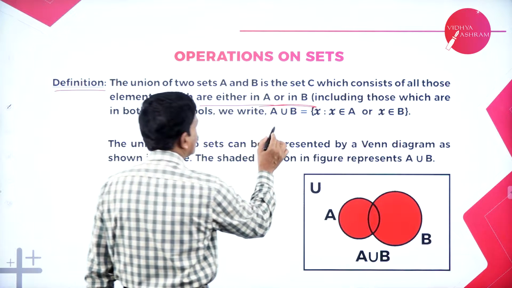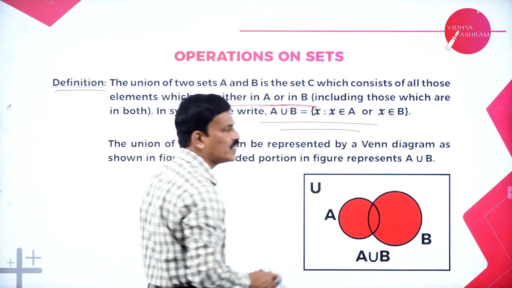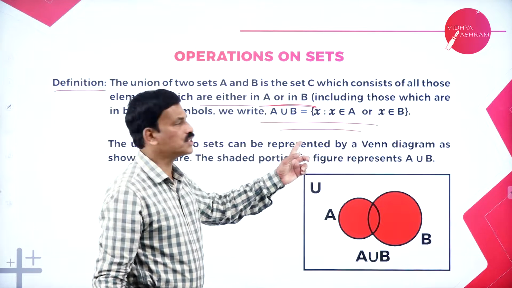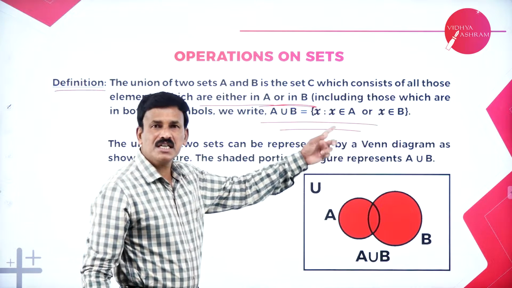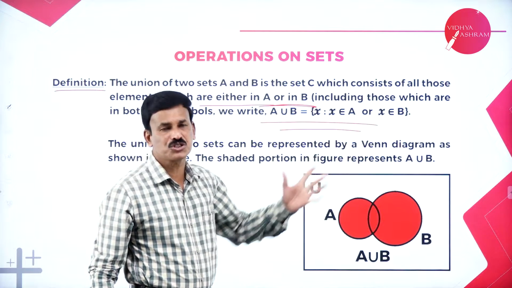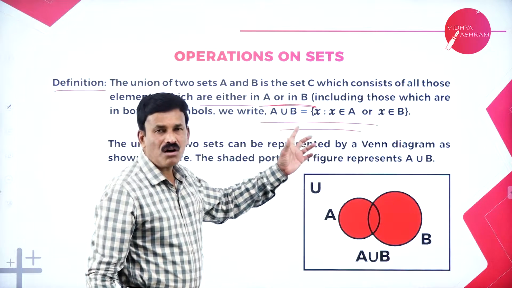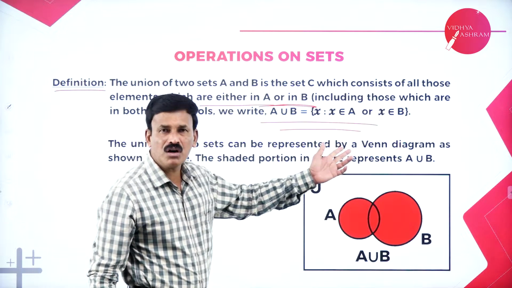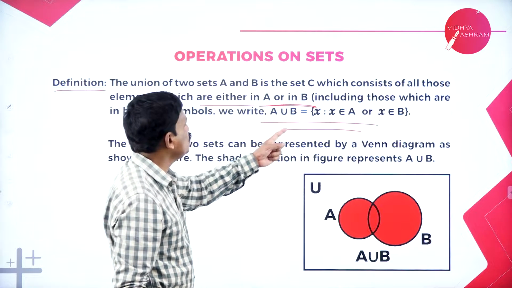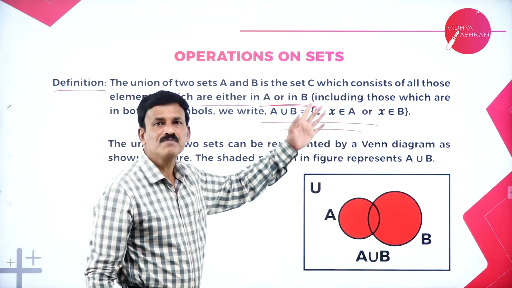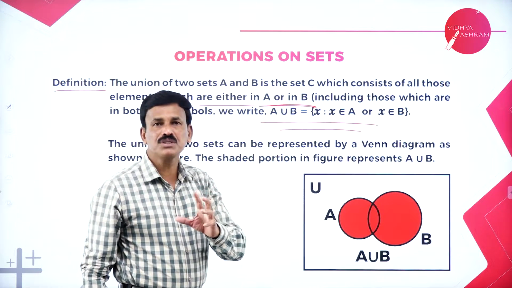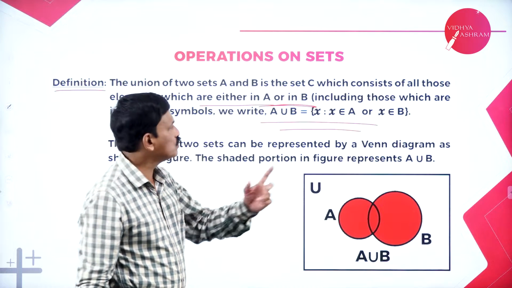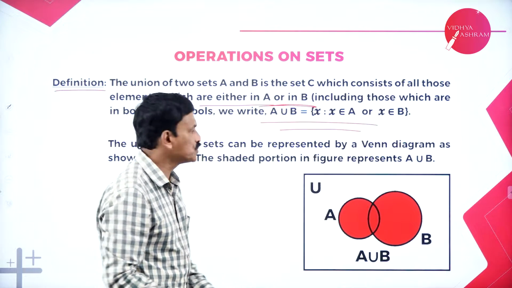So this is denoted as A union B and is defined by A union B is equal to the set of X such that X belongs to A or X belongs to B. That means all the elements which belong to A or which belong to B, that is A union B, is nothing but the union of two sets.